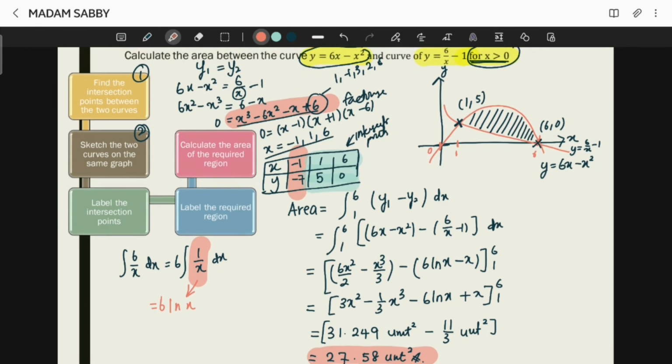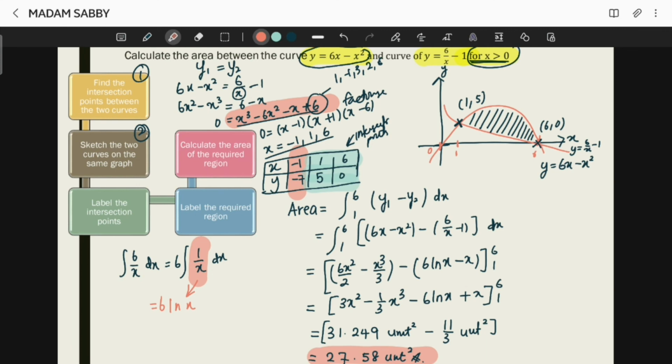I already showed you five different examples on how to calculate the area between curves. We already see how to calculate the area bounded by the curve with the x-axis. We have two different examples, example 1 and example 2.